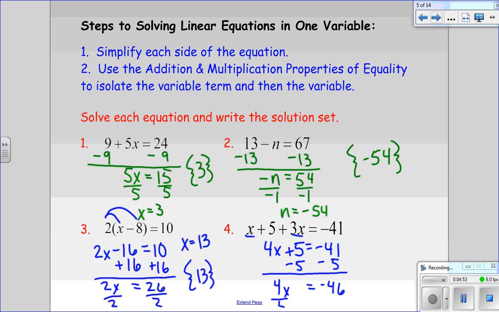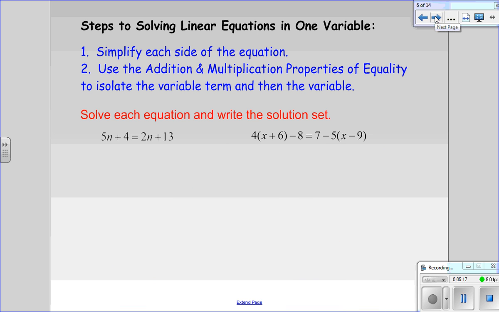And then isolate our variable by dividing by 4. So x equals negative 23 over 2, once we simplify it. And we see that our improper fraction of negative 23 over 2 is in fact our solution.